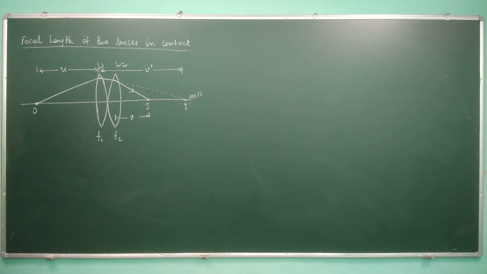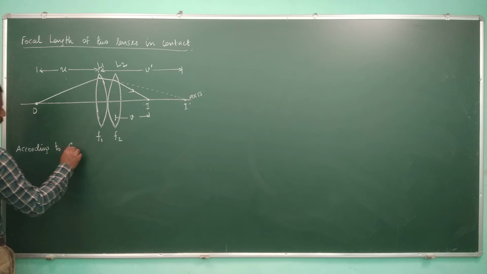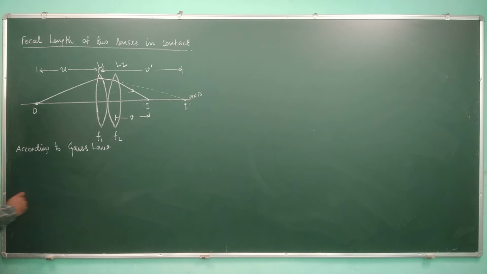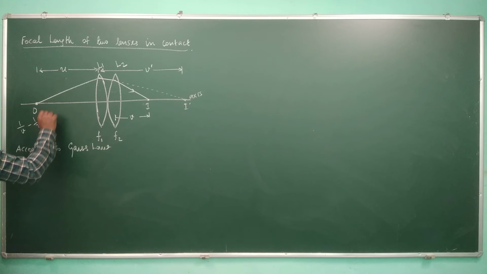Now we can write, according to the lens formula, 1 by v minus 1 by u is equal to 1 by f. You remember this?